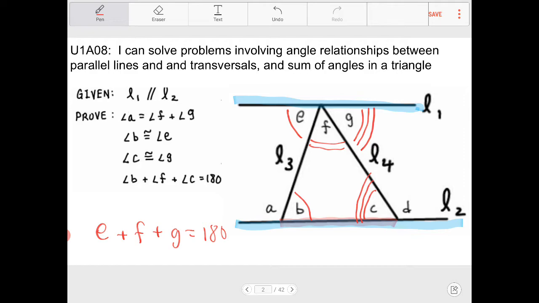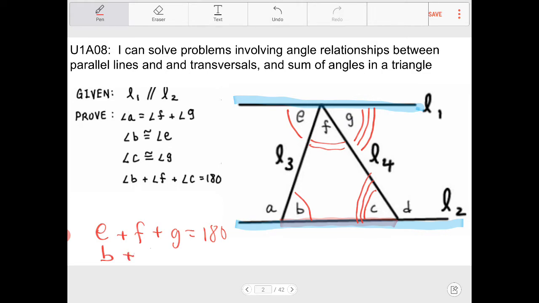So upon inspection now, recognizing that E, F, and G add up to 180, but wait a minute, E is also congruent to B, is it not?